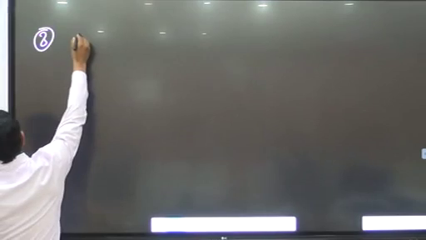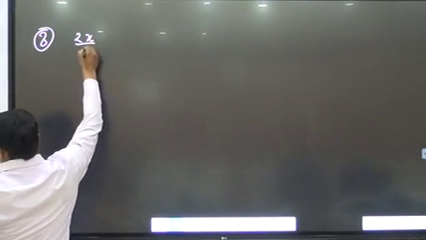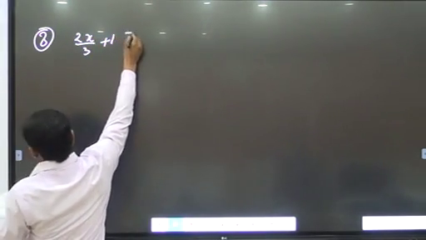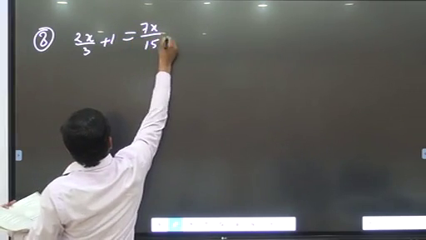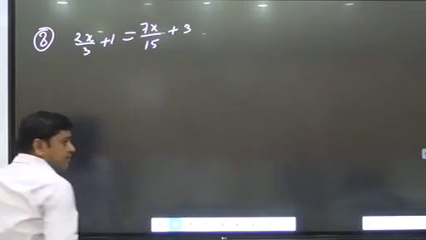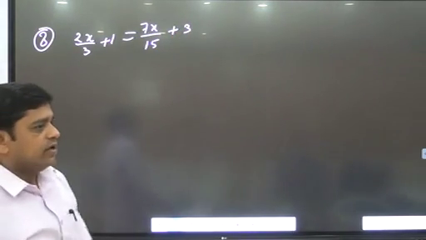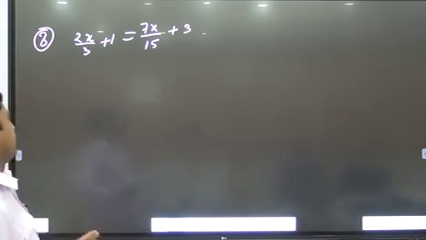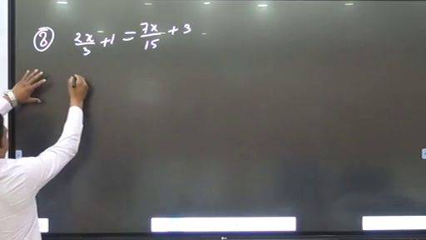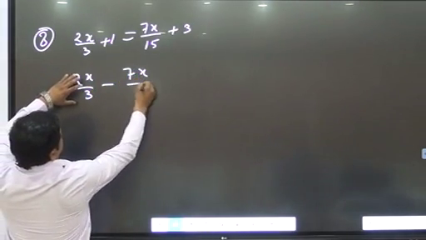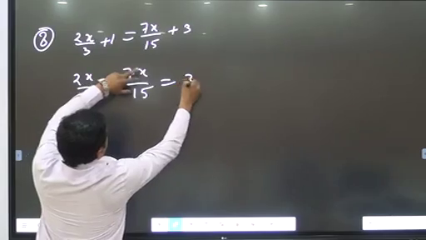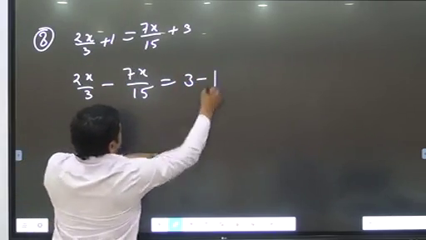So students, see carefully. Question number 8, 2x upon 3 plus 1 is equal to 7x upon 15 plus 3. This is a question in which you will use the same process. First of all collect the variables on the same side, equal to 3 and 1 is transferred, minus 1.